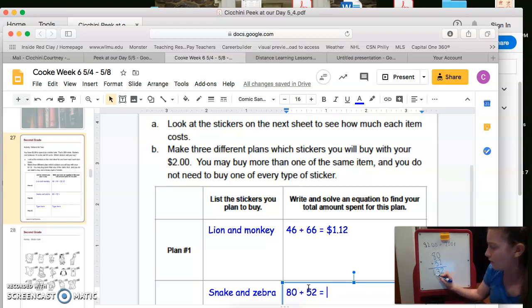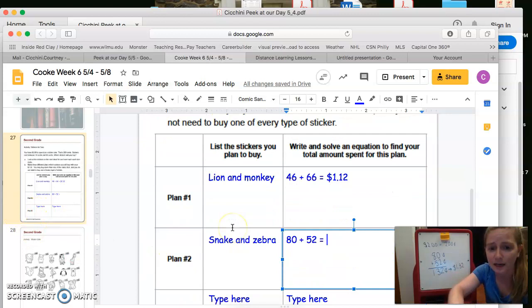So I get 132 cents. If I change that into dollar form, I put my dollar sign first, my $1, my 32 cents. Again, I see that that's smaller than $2, so I can afford the snake and the zebra.